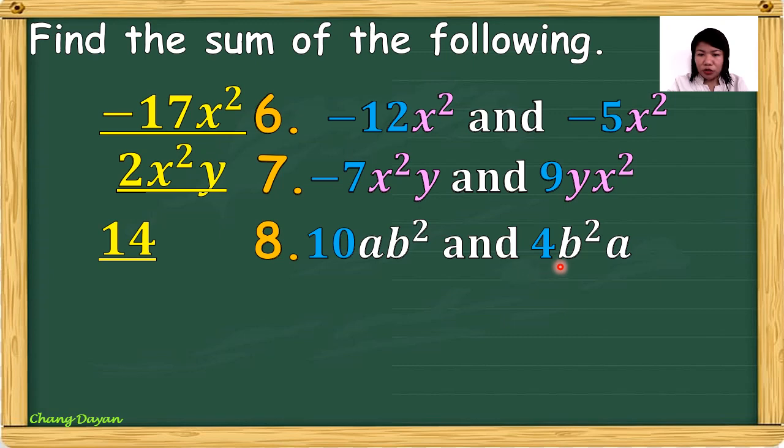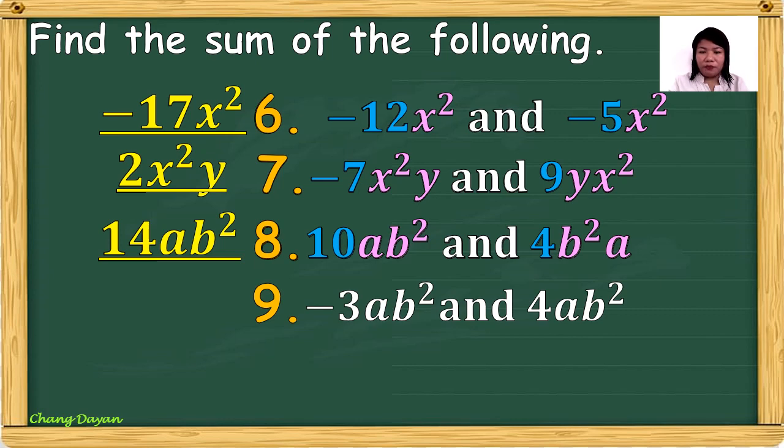Dito sa isang term, ang exponent ng b ay square din. Samantalang ang a ay mayroong exponent na invisible 1, katulad din nito. So, pwede natin siyang pagsamahin. They are similar terms. Therefore, copy natin ab square. Ang sagot sa number 8 ay 14ab square.